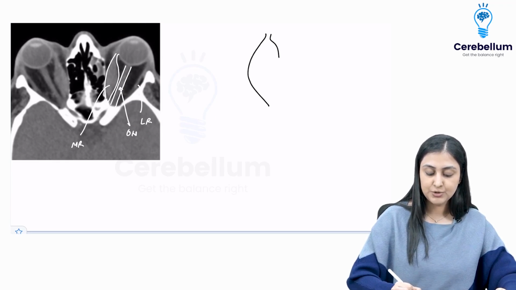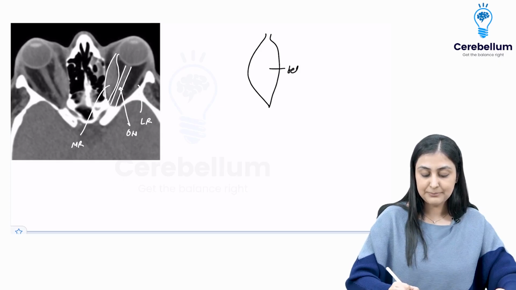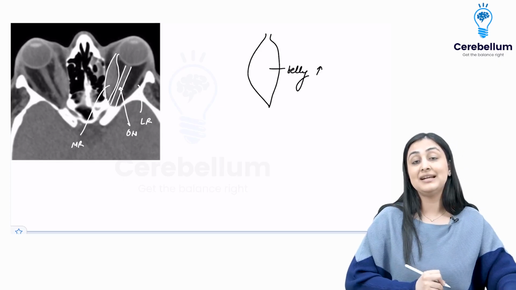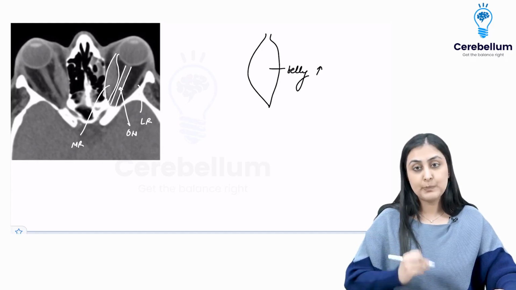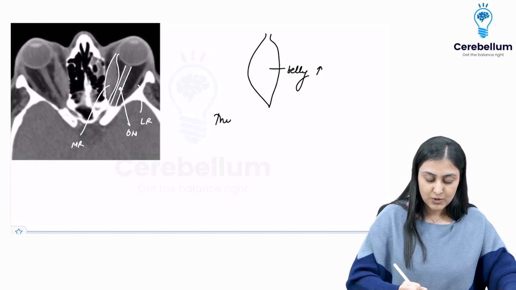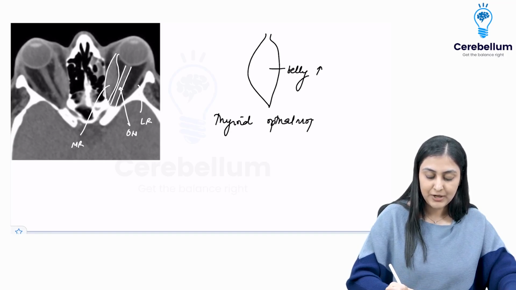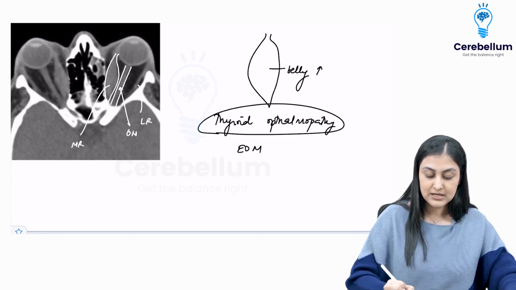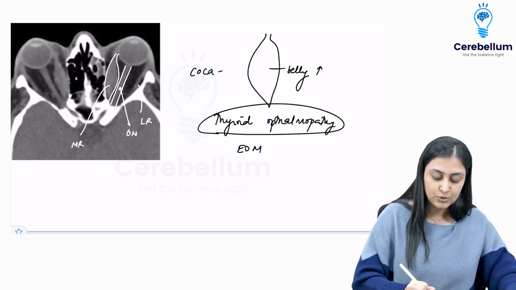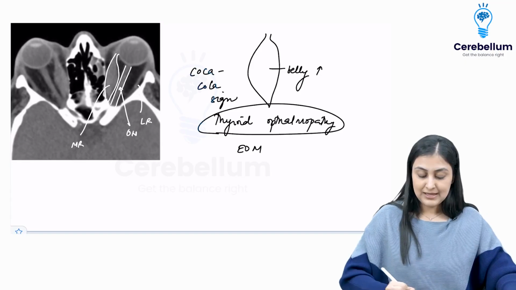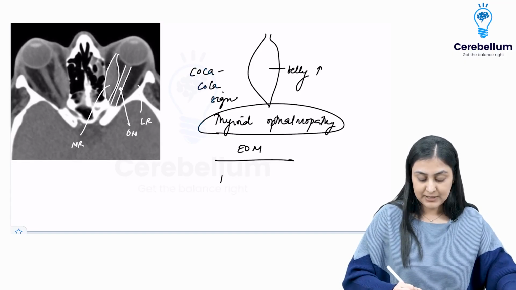So this is likened to a Coca-Cola bottle when the muscle belly enlarges but the tendinous insertions are spared. Okay, so this is what is seen in thyroid ophthalmopathy. Okay, so in thyroid eye disease you would have the enlargement of extraocular muscles, and this is the Coca-Cola sign or the Coca-Cola bottle appearance, and the order is also something that you can remember.